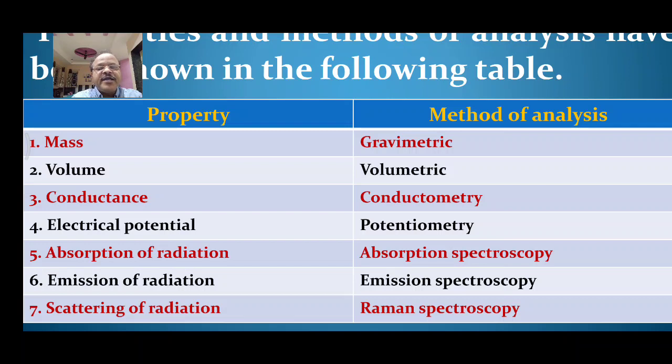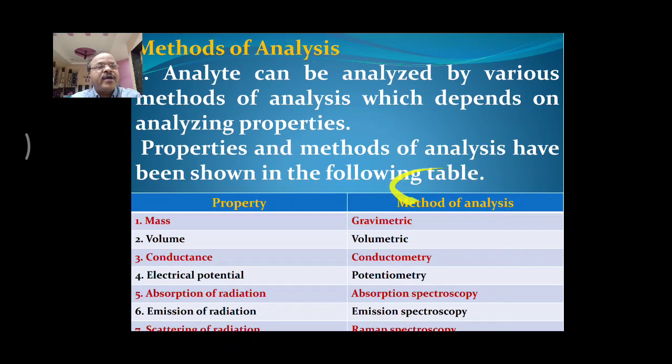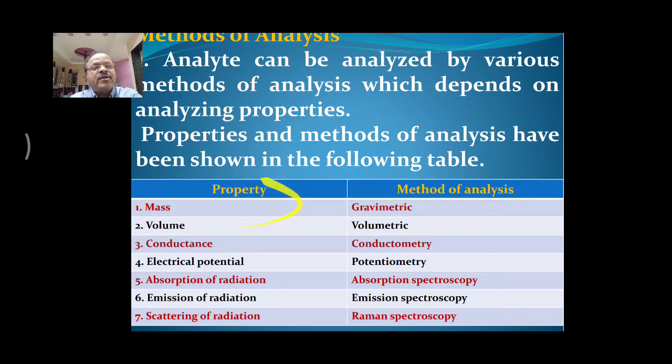Scattering of radiation: the radiations bombarded over the substance get scattered. To what extent they get scattered can be analyzed by Raman spectroscopy, turbidimetry, nephelometry. Different techniques are there, and the method of analysis depends upon the property that is to be analyzed. So this is the first classification.